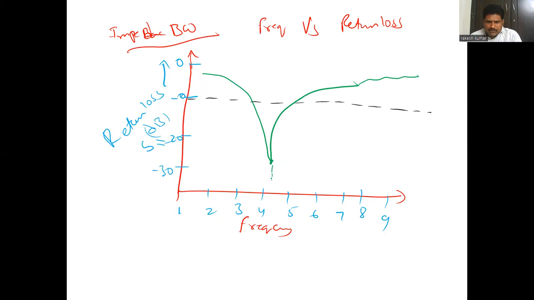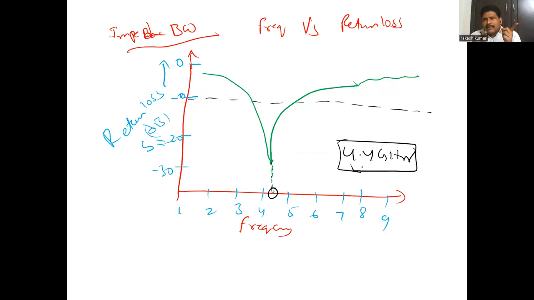What is this tip value? This tip value is nothing but 4.4 gigahertz. So how to calculate the impedance bandwidth for this graph? It is operating at only one frequency, that is 4.4 gigahertz.